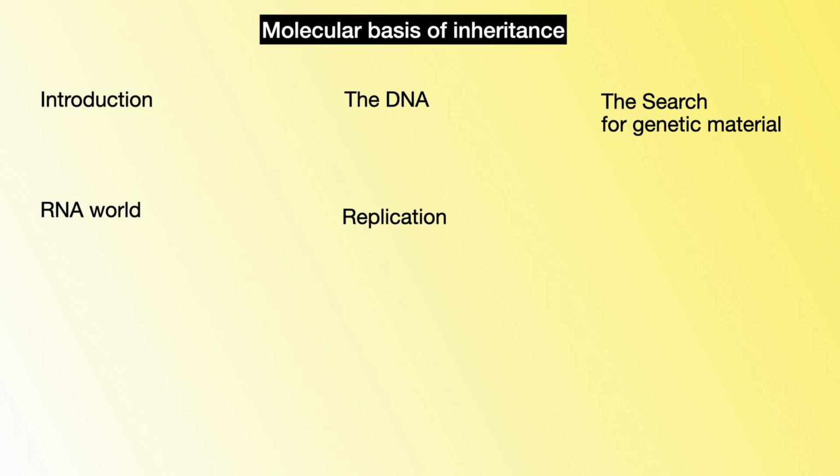Now let us see the Meselson-Stahl experiment. Meselson and Stahl used Escherichia coli, E. coli, and isotopes of nitrogen to distinguish between old and new DNA. Nitrogen is a key component of DNA. It is found in nitrogenous bases. Let us see the step-by-step process.